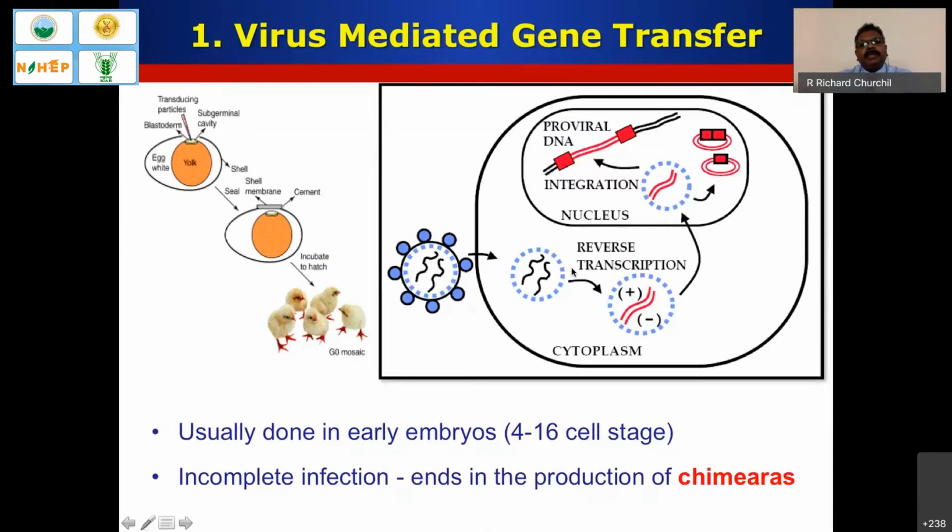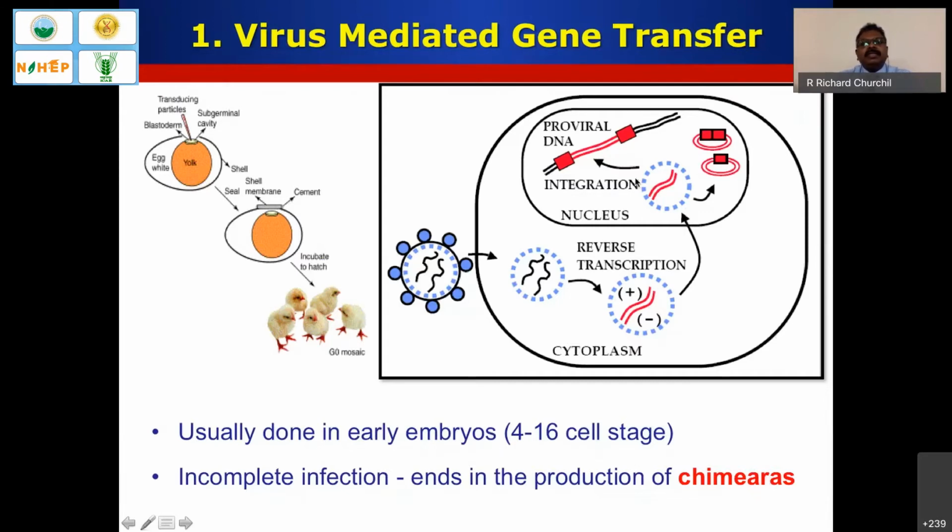So if you make virus particles which carry the foreign gene, along with the integration of its own genome, it will also integrate the foreign gene. This is one method of making transgenic animals, and it should be done at a very early stage, and it will result in the production of chimeras.